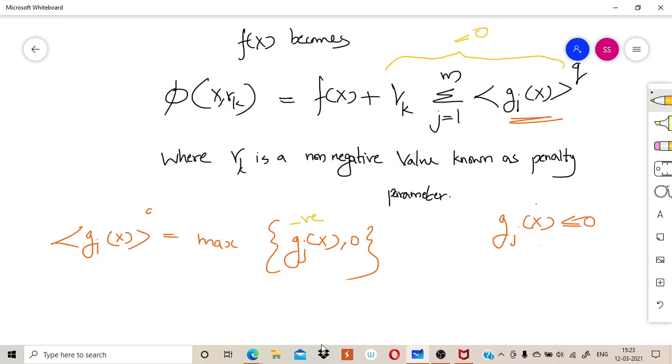But we have added this penalty term because gj of x is greater than 0, right? So this maximum of gj of x and 0 will be gj of x itself. So this is the explanation of this bracket.